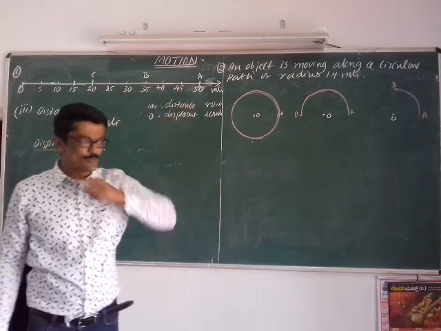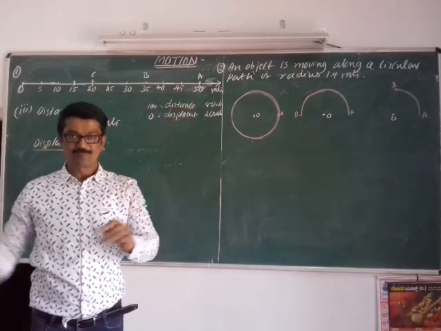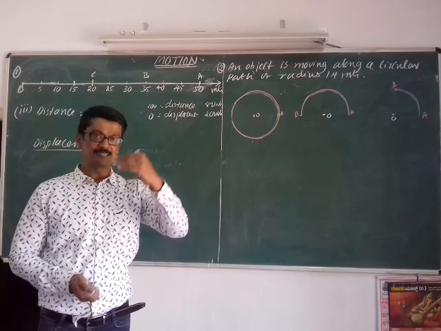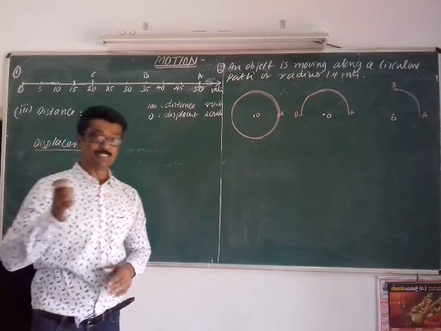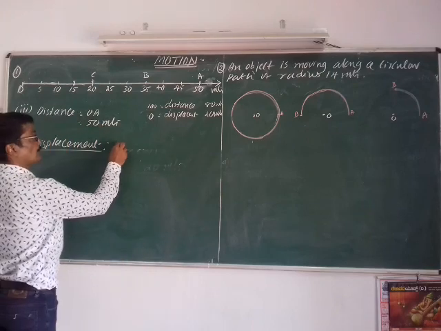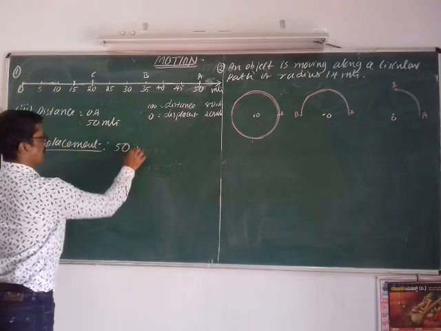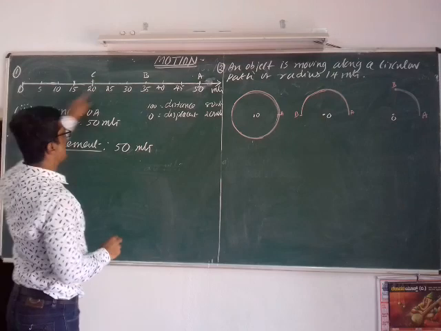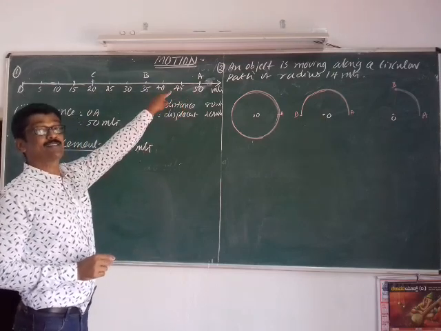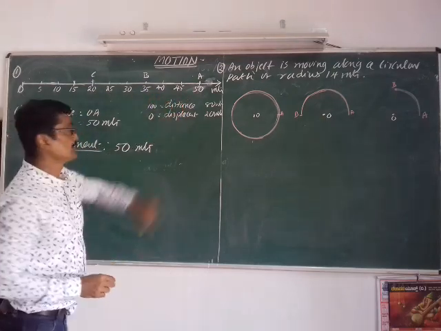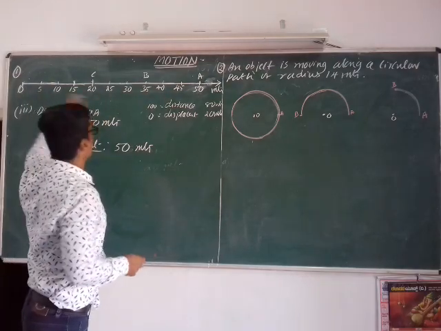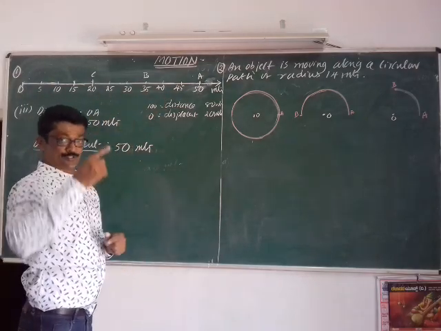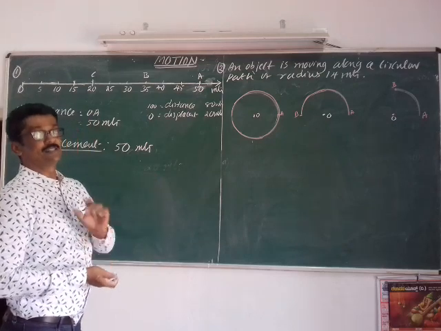This is the actual path, and this itself is the shortest path. Is there any other path which is shorter than this one? No. So straight line path itself is the shortest path.